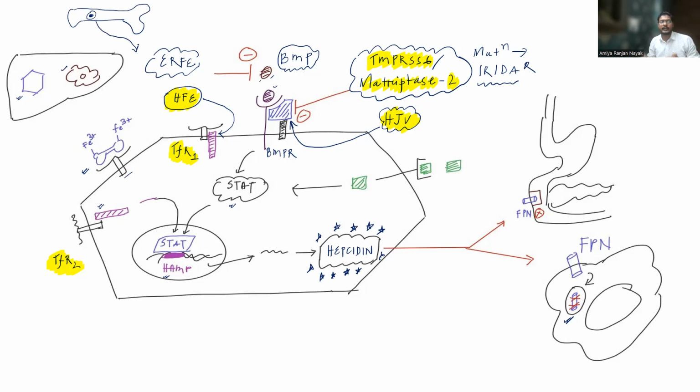This erythroferron can actually inhibit the bone morphogenetic proteins. They act as a ligand trap, so they will not allow these bone morphogenetic proteins to interact with the bone morphogenetic protein receptors. With this process, they cause a reduction in hepcidin production. So erythroferron decreases hepcidin production, and the exact mechanism is that it is inhibiting the bone morphogenetic proteins.